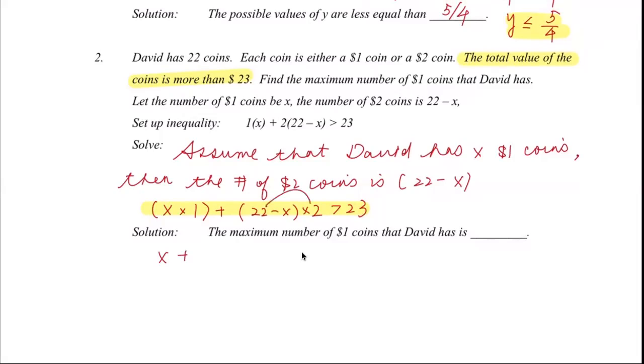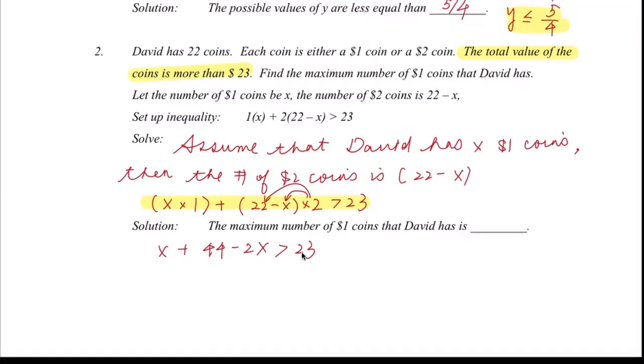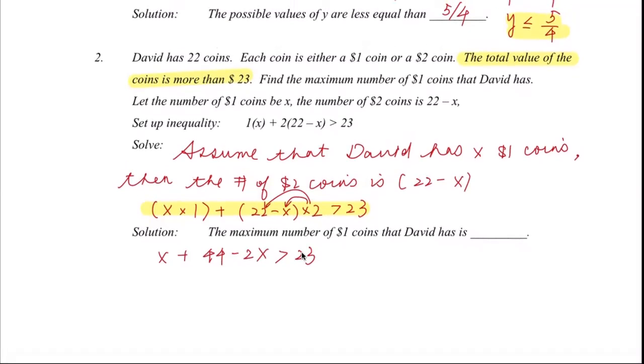You need to times 22 and then times x. Okay, so 22 times 2, that's 44. Minus 2 times x, that's 2x. Greater than 23. Okay. And x minus 2x, that's minus x, right?